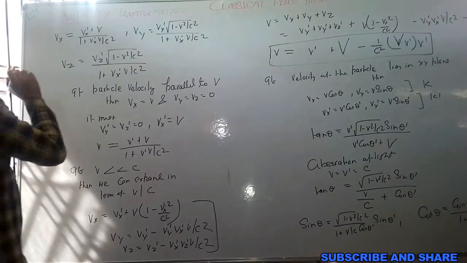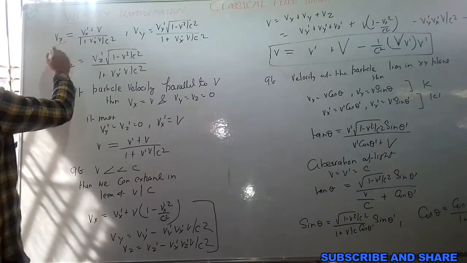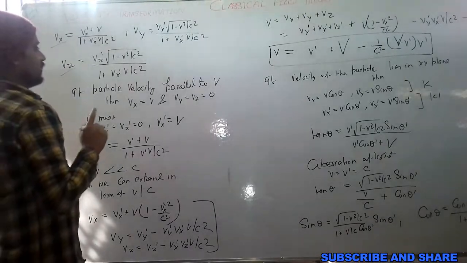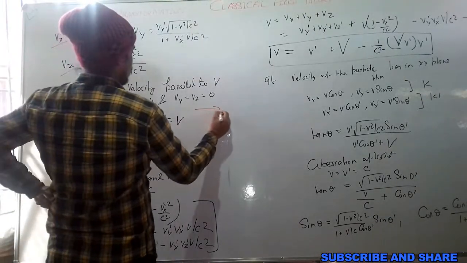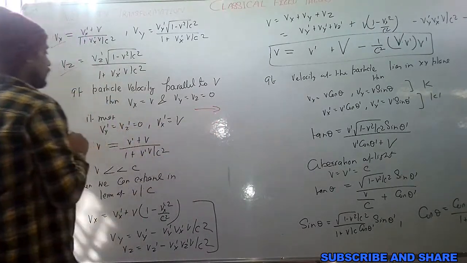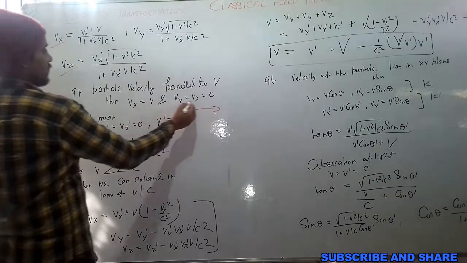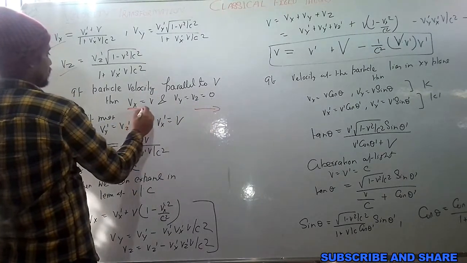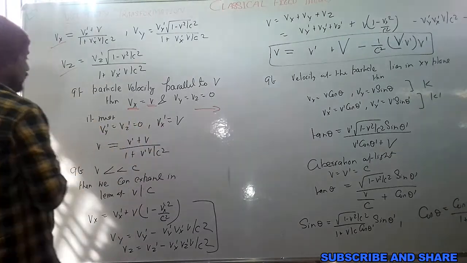Now we have found the velocity transformation for Vx, Vy and Vz. Suppose the velocity of the particle is parallel to the velocity of the system, then what will happen? Vy and Vz will become 0 and the x component simply becomes v.